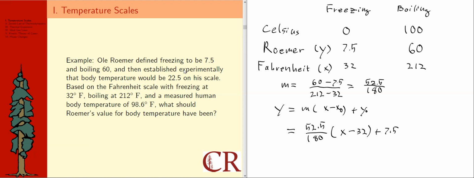Which means that if I want to calculate what temperature this is at 98.6, I'm going to just say, well, let x equal 98.6, and then that's going to imply that y would be equal to the expression 52.5 over 180 multiplied by, this one gets a little more complicated, (98.6 minus 32), and then close the parenthesis, plus 7.5, and that's a whole lot of calculations.